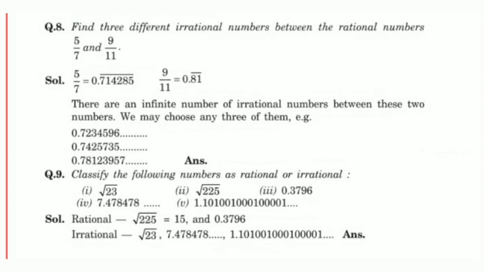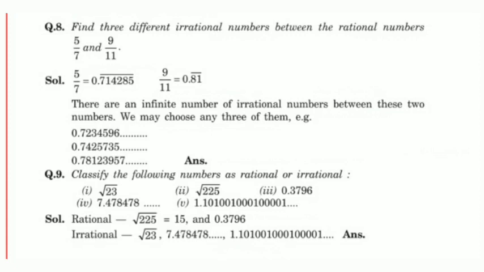Now the 8th question: find 3 different irrational numbers between the rational numbers 5 by 7 and 9 by 11. Separately divide 5 by 7 and you will get a non-terminating number. Again divide 9 by 11 and here also you get a non-terminating number, that is 0.81 recurring.